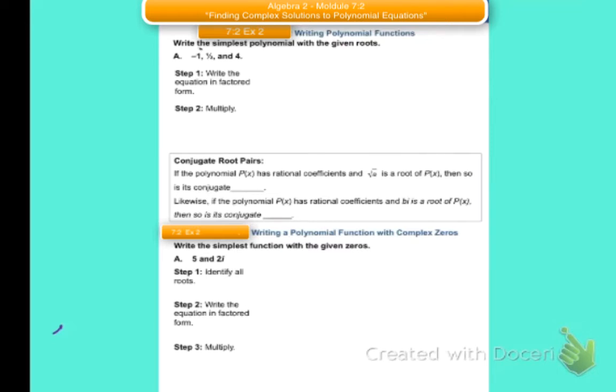So if we had a root of -1, it must have come from a binomial factor of x plus 1, because plugging in -1 for x would produce a value of 0. And when we talk about roots, we really mean zeros.